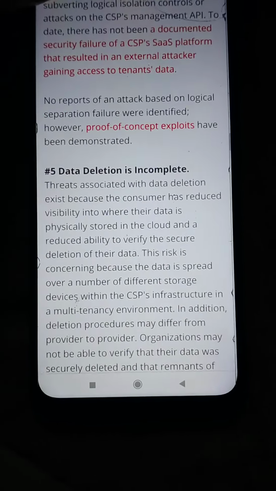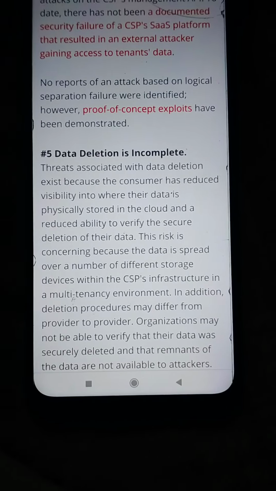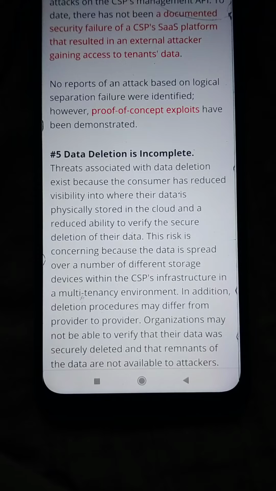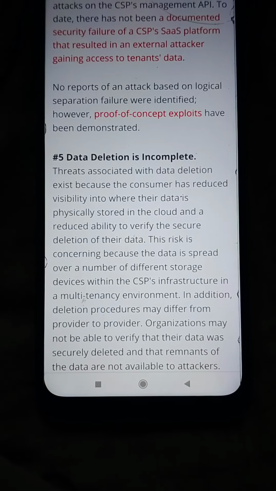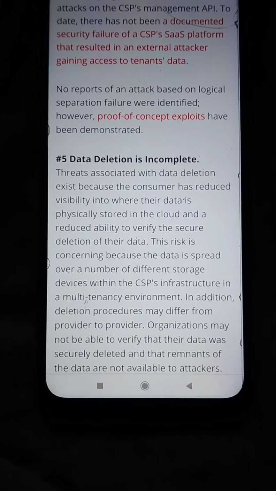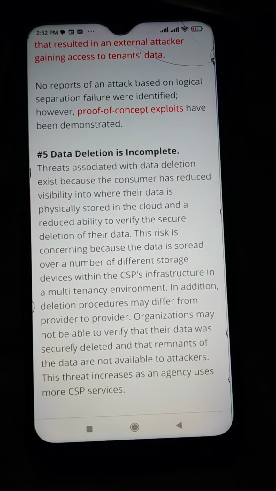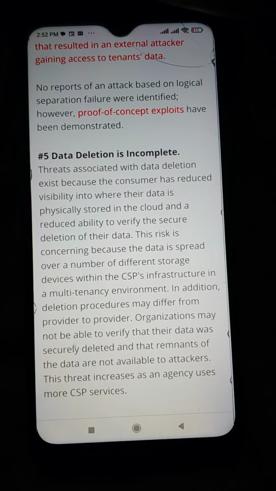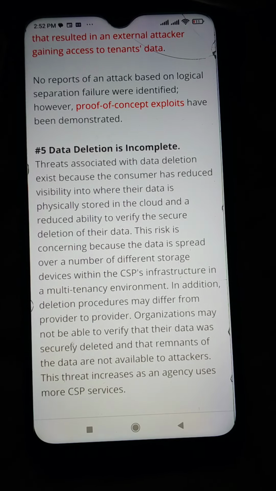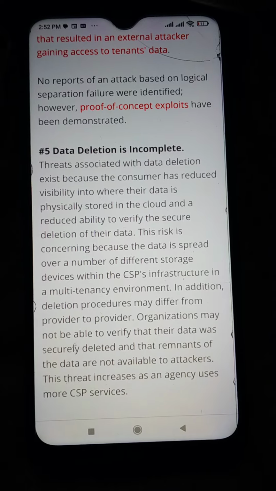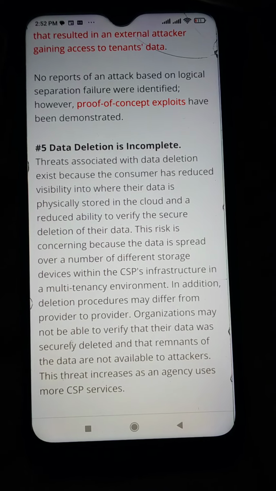Number five, data deletion is incomplete. Threats associated with data deletion exist because the consumer has reduced visibility into where their data is physically stored in the cloud and a reduced ability to verify the secure deletion of their data. The risk is concerning because the data is spread over a number of different storage devices within the CSP's infrastructure in a multi-tenancy environment.